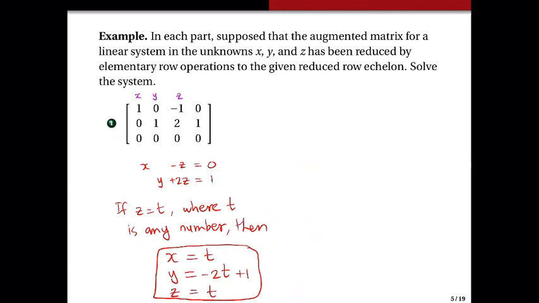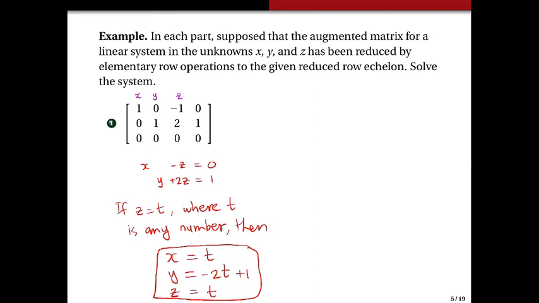Okay? So how does that one help us? Well, if you have a linear system, you can solve that using the methods that we discussed in the first lecture, or you can solve that using the augmented matrix.